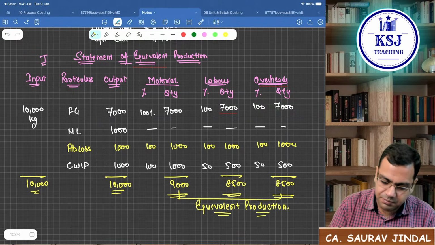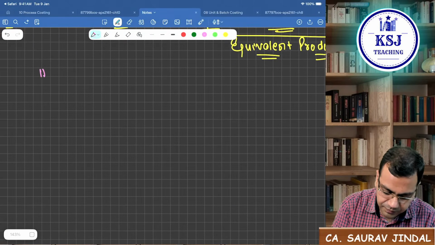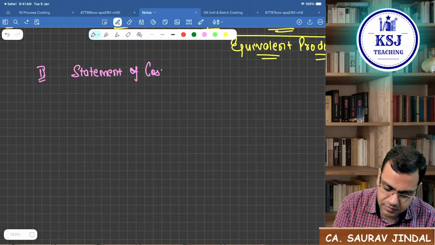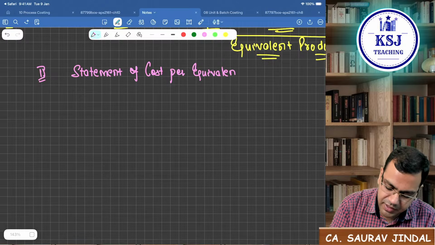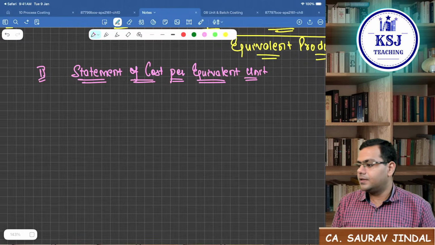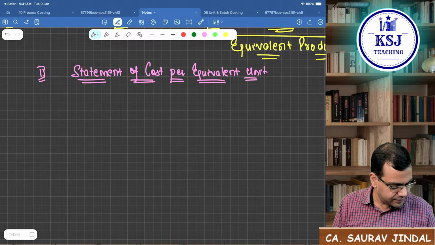So the second step that we have is the statement of cost per equivalent unit. Statement of cost per equivalent unit.